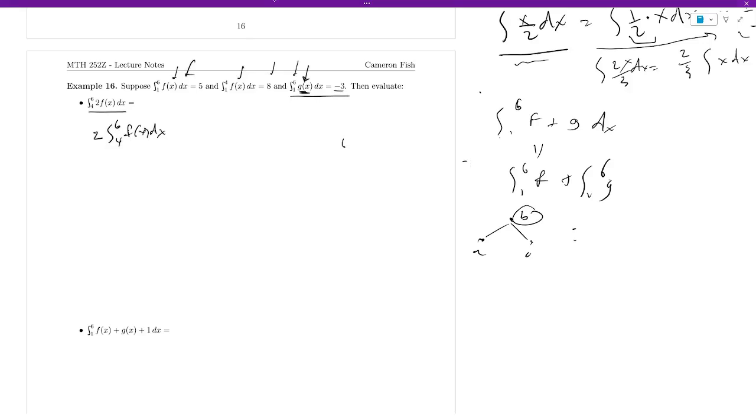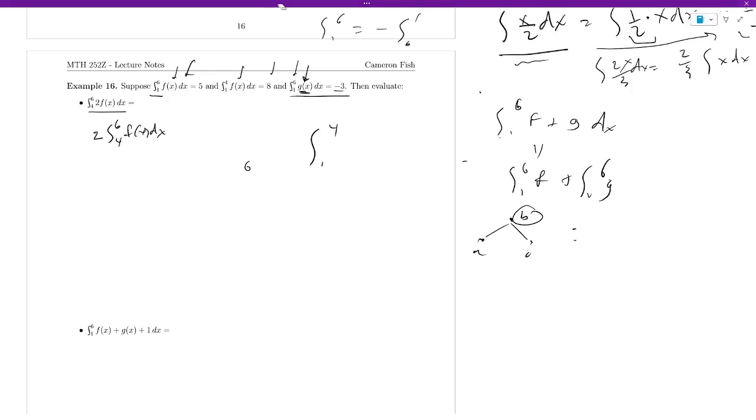We want to have 1 to 4. This 1 wants to be our b, our third number, and I want to have 1 here so that those match. That was our rule from before, which means I'd have to have a 6 here maybe. But I have 1 to 6, not 6 to 1. Oh, there's that other rule we had, which said that I can flip the order from the top to the bottom as long as I add a negative sign.